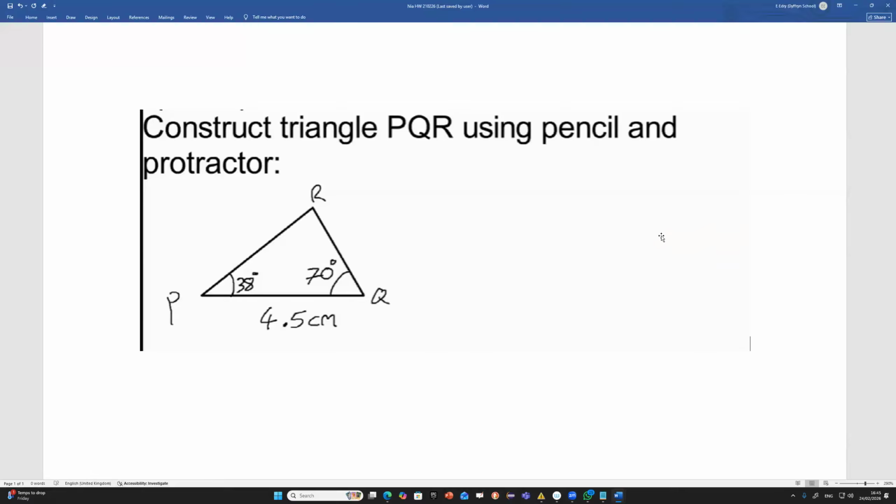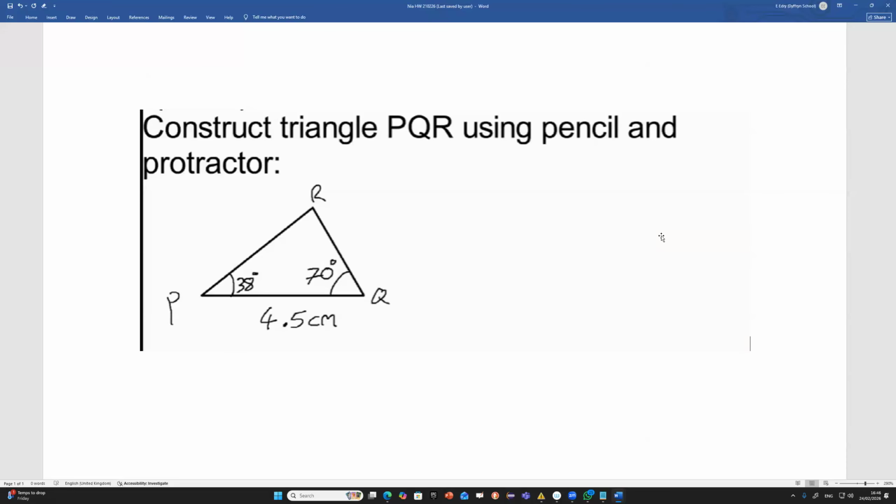So this was 38 degrees. This was 70. If I add up 70 and 38, we get 108. The angles of a triangle should add up to 180. So if I do 180 take away 108, that should give me the missing angle, 72.